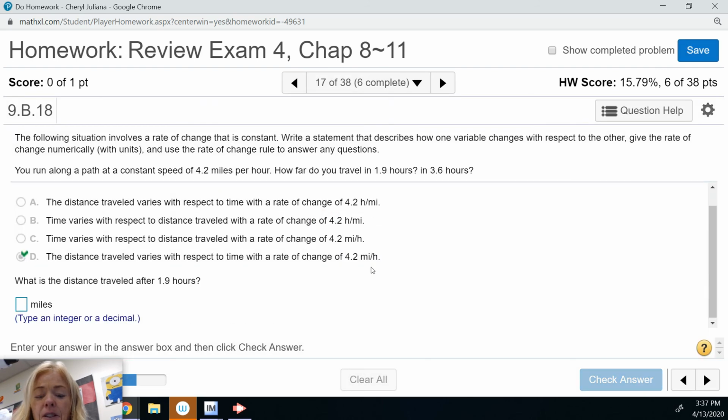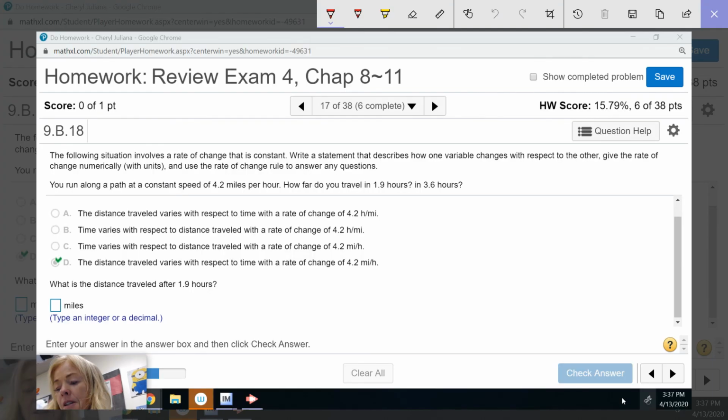And then we have to state the distance traveled after 1.9 hours. If it's 1.9 hours, we multiply our rate of change, 4.2 times 1.9. And then the second one is our rate, 4.2, times the time, 3.6 hours.